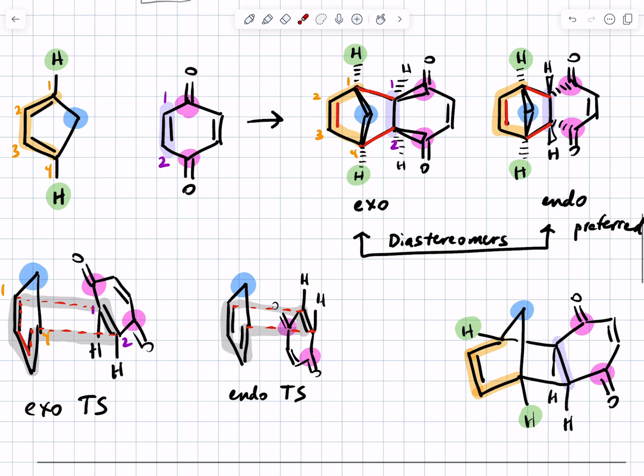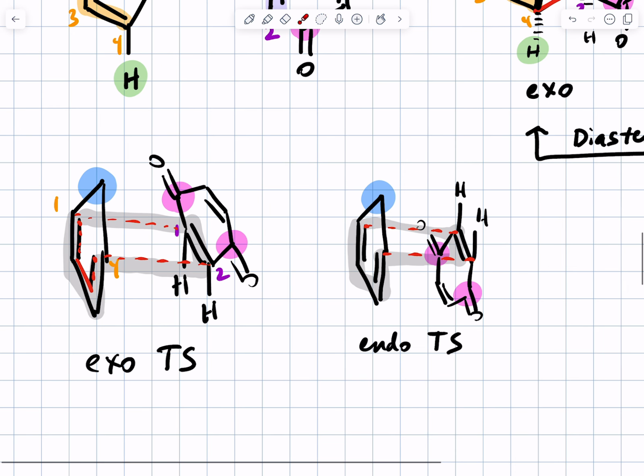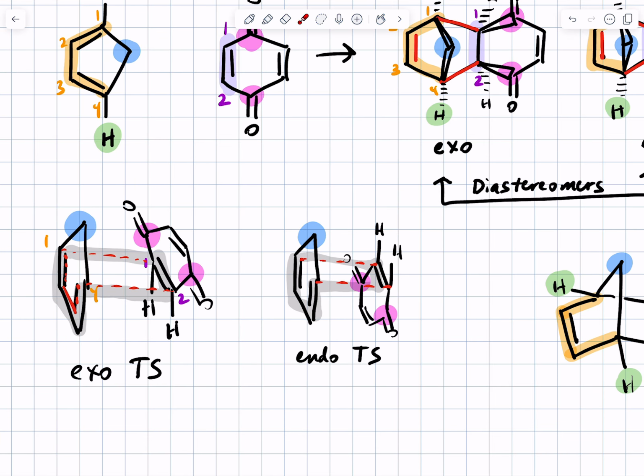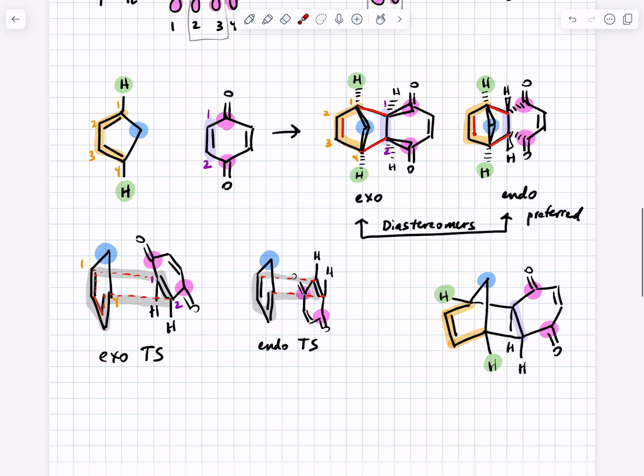Endo, DO is down, so when you draw it like this, as long as you keep the blue group up, if the pink groups are down, then that's endo. DO for down, I don't know. Come up with something better if you don't like it.